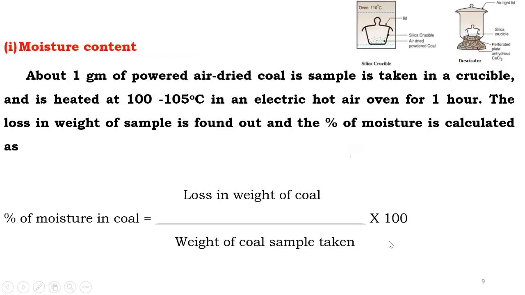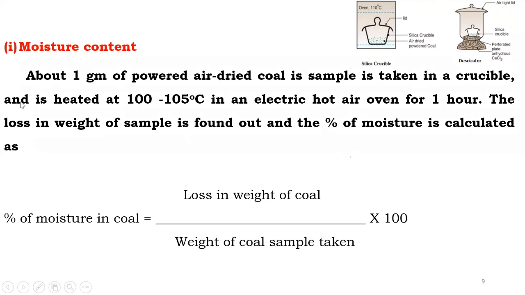Right. So this is moisture content. We'll see first what a moisture content is. About 1 gram of powdered air-dried coal sample is taken in a crucible. Students, this which we are seeing on the screen, right side up, is a crucible.